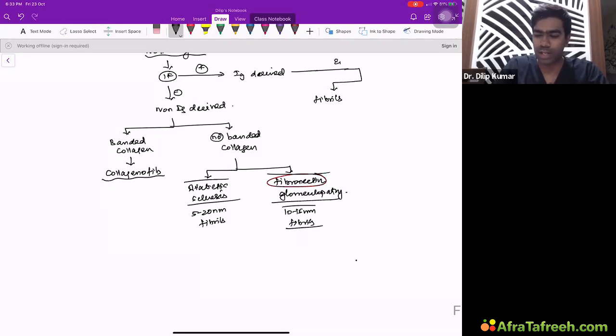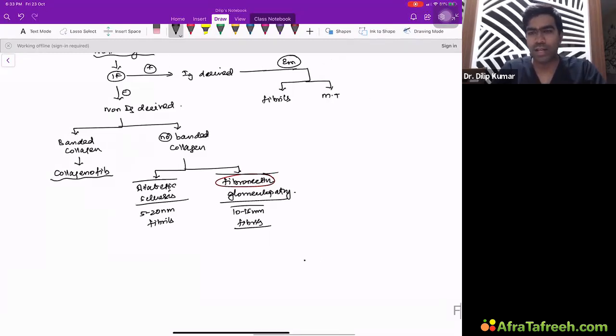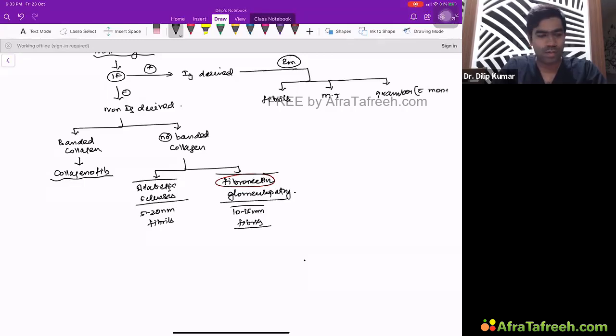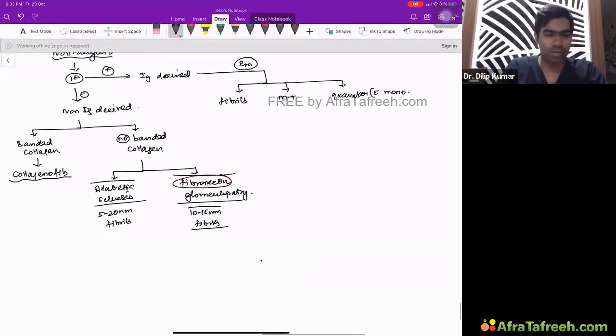In electron microscopy, I can see fibrils. Or in electron microscopy, I can see microtubules. Or I can see granular deposits in electron microscopy with monoclonal immunoglobulin deposits.